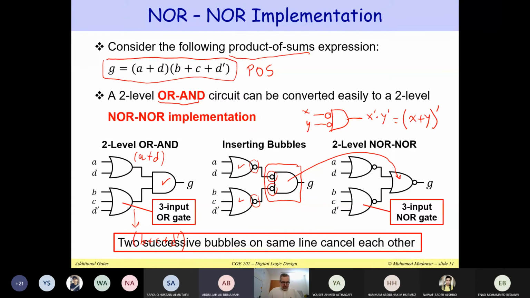Why do we make it NOR? Okay, because sometimes circuit designers prefer to use the NAND and the NOR over the AND and the OR. And the reason for that is that the NAND and the NOR can be implemented very efficiently using the CMOS technology.